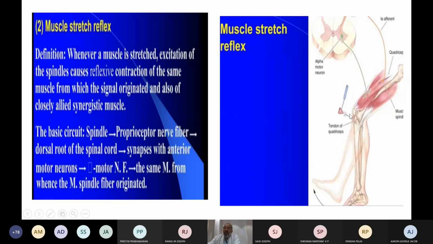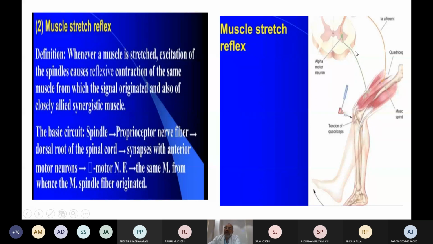Very simple. When you strike the tendon of the quadriceps, the information is carried through the 1A afferent and brought to the appropriate part in the spinal cord, where it is provided with the command. The command is carried through the alpha motor neuron and brought to the muscle, the quadriceps femoris. As a result, there is a stretch of the tendon. This stretch of the tendon stretches the muscle, and the stretching of the muscle causes the stretching of the muscle spindle.